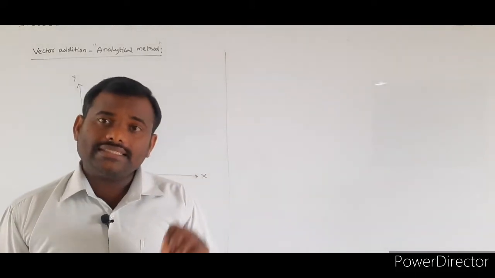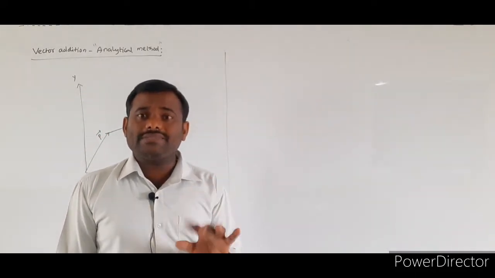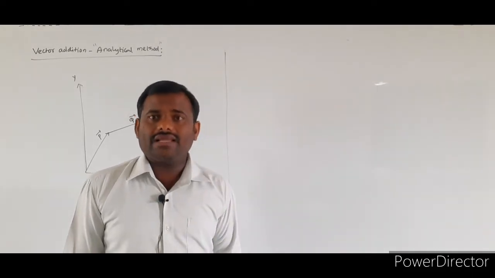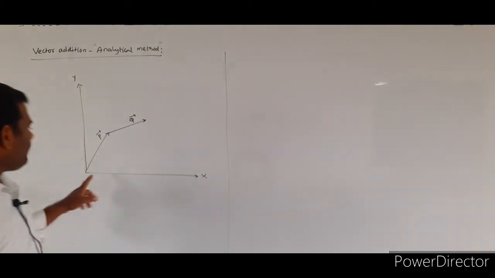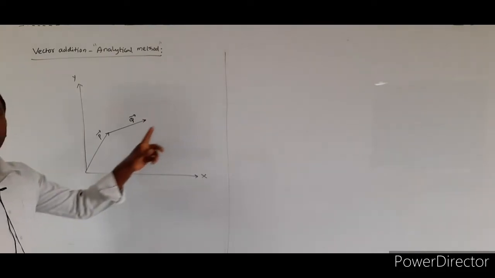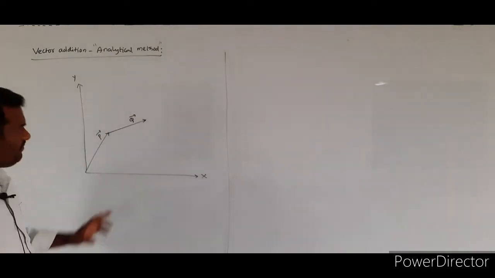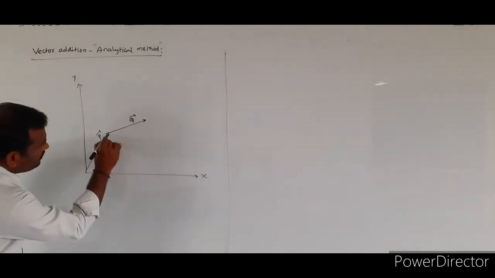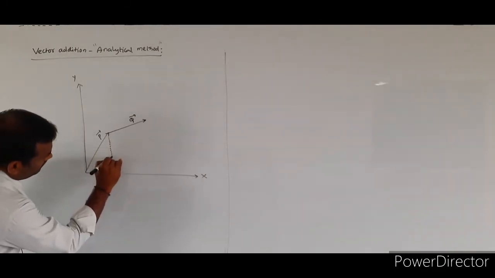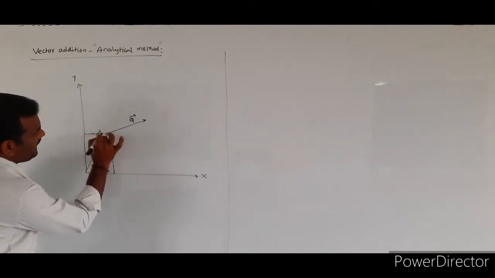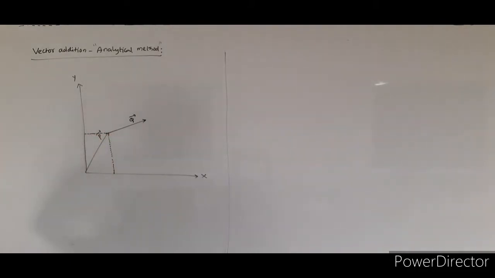For getting the resultant vector, we have to follow the same principle. What is the same principle? The resultant vector will be drawn from the tail of the first vector to the head of the second vector. Before doing that, first we will resolve the vector P bar along the x-axis as well as along the y-axis.